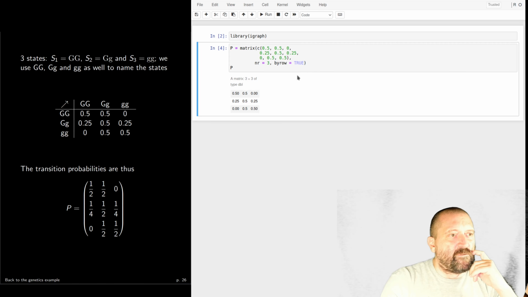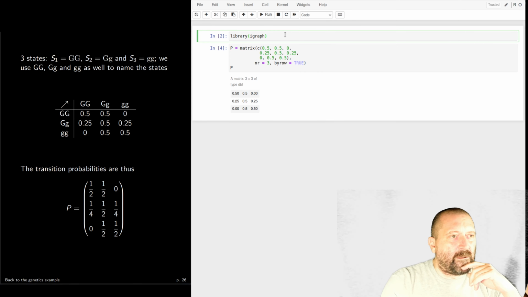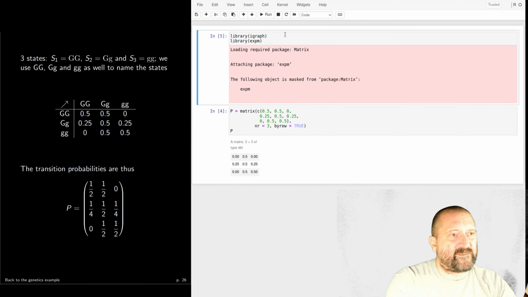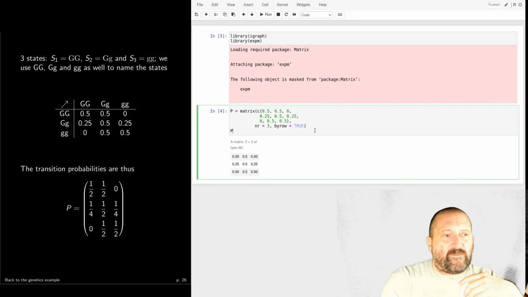As a reminder, if you want to take powers of matrices easily, you would use the package expm, which allows you to compute the exponential of a matrix, but also the powers of a matrix.